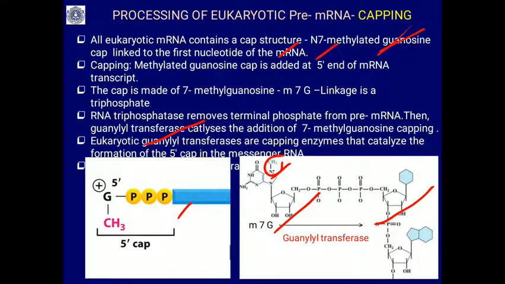Eukaryotic guanyl transferase is the capping enzyme that catalyzes the formation of the 5 prime cap in the messenger RNA. This is very important for the translation process, and it also protects the molecule at the 5 prime region.